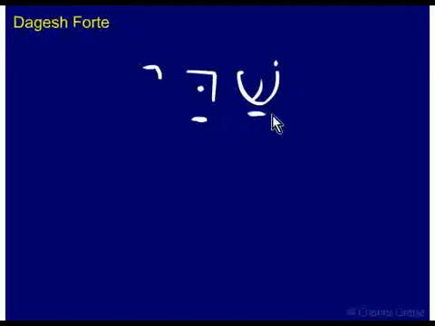Now, is there a vowel preceding it? There is. So it can't be a Dagesh Lene, because the vowel would chase this away. So that's the main thing you need to look for. So it's a Dagesh Forte. And if you were to write this out in full, really what this is, Dagesh Forte is a doubling. This is not a valid way to write it, but this is what you actually have. You have two of these, and you'd have a silent shewa there to close that syllable.